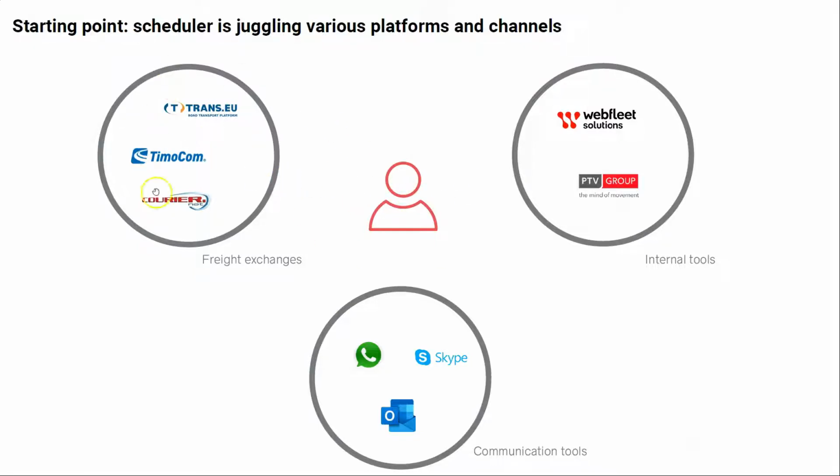So the scheduler goes onto those freight exchanges and looks for orders that match the available vehicles that they can see from telematic solutions or fleet management solutions such as Webfleet. And then they use internal tools such as PTV to calculate routes and prepare bids for those open orders to hopefully win some orders in the market. And finally, the scheduler uses communication tools, just writing emails, WhatsApp, or Skype to communicate with the customers that they find on those freight exchanges.